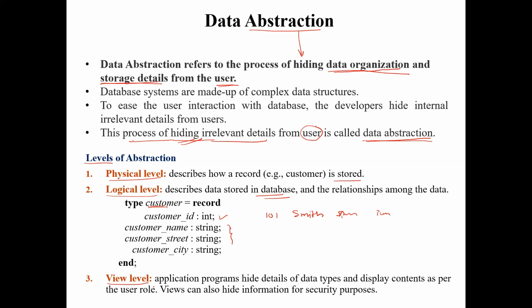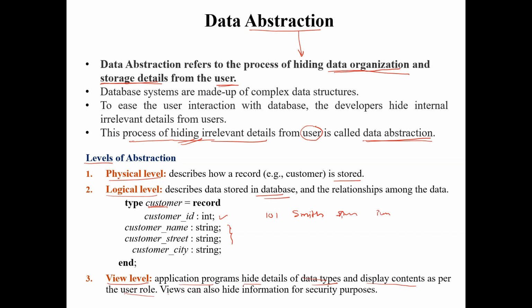View level means the external view, where through the application program the user gets the details. Through the application program, we hide the details of data types from the user because they are not required, and display the contents as per the user role. If the user is a customer or a passenger, then the user gets those details.